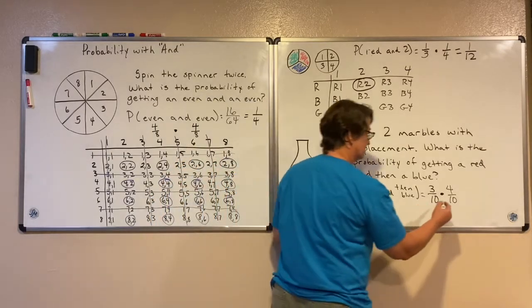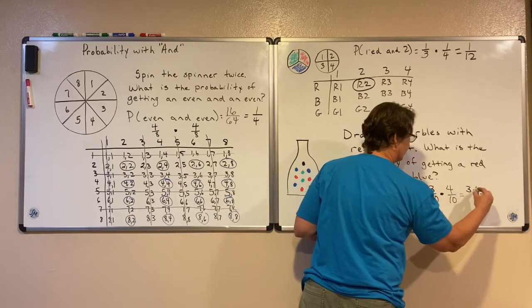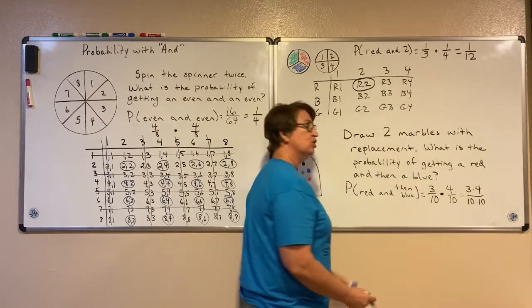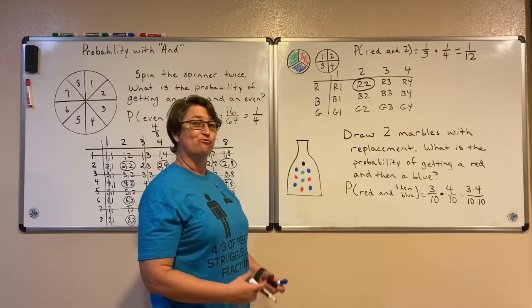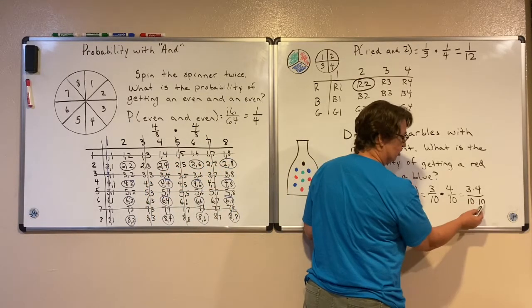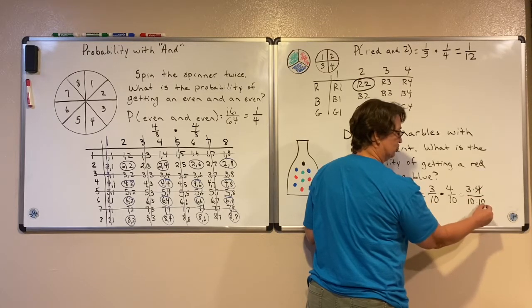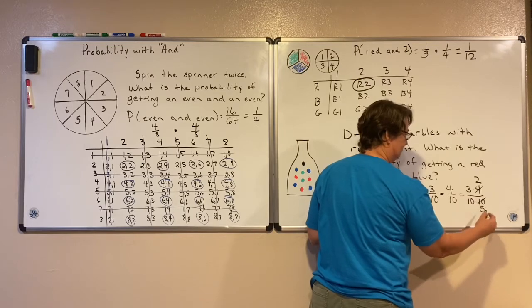So now I'm just going to simply multiply. 3 times 4 on top and 10 times 10 on bottom. You could just multiply those out. I always like to simplify before I multiply to make my numbers smaller. 3 doesn't go into anything in the denominator, but 4 and 10 both have a factor of 2. 2 goes into 4 2 times, 2 goes into 10 5 times.